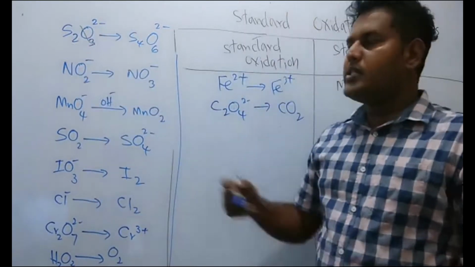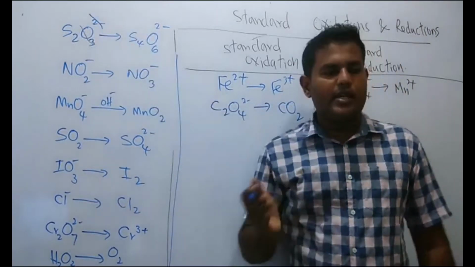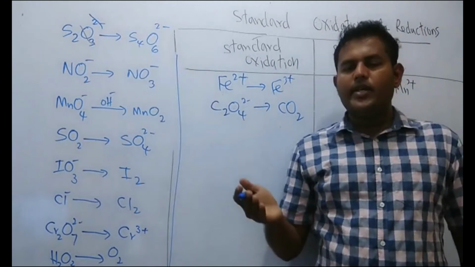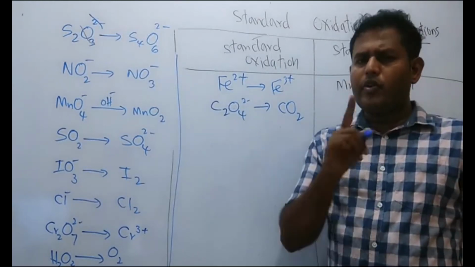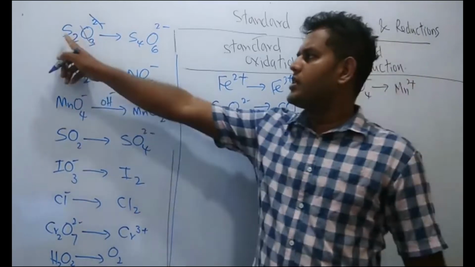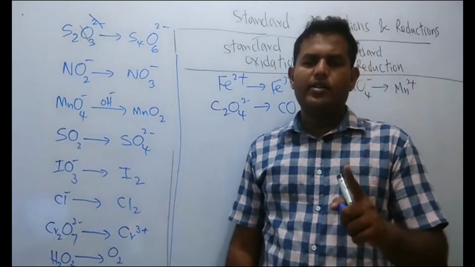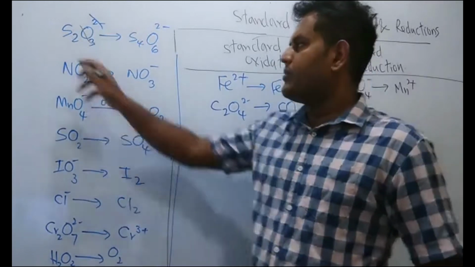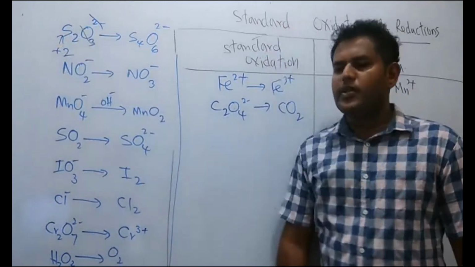From that -6, subtract the charge 2, giving -4. Then take the opposite charge, +4. But +4 is for 2 sulfur atoms. For 1 sulfur atom, the value is +2.